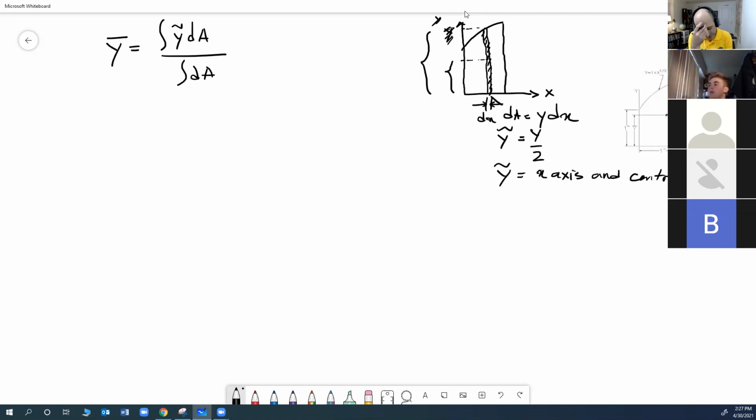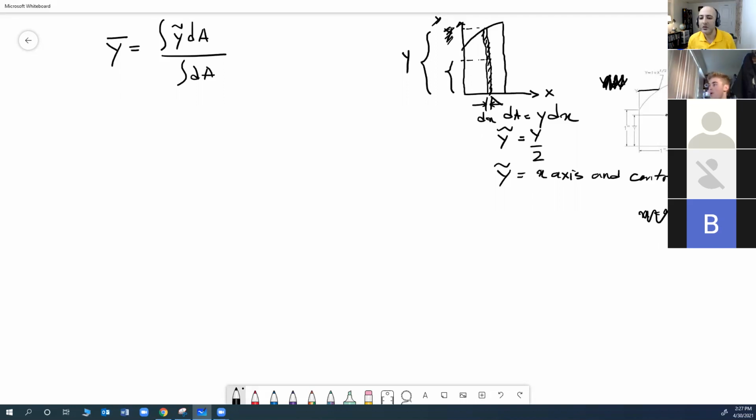Okay, maybe I was thinking this point here is y plus 1. Let's see. If x equals 0, then your y is 1. No, this works. This is y, and you're correct. This is y over 2. So never mind. Scratch that. I was thinking this is y plus 1, but it's not. It's just y.